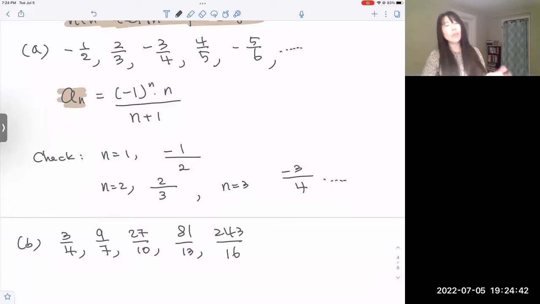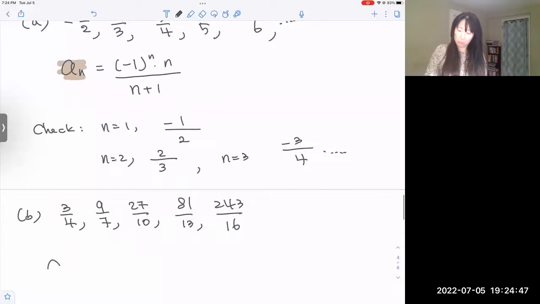Okay, what can you recognize in the numerator? There's something like exponential going on here. Yes, and the exponential is 3 to the n power. Okay, very good.